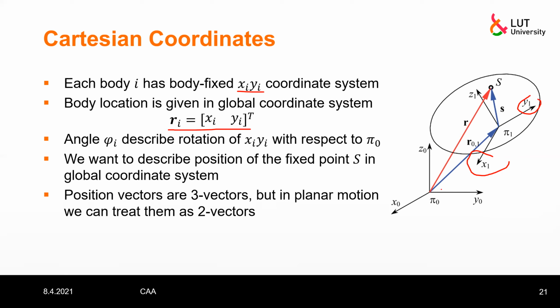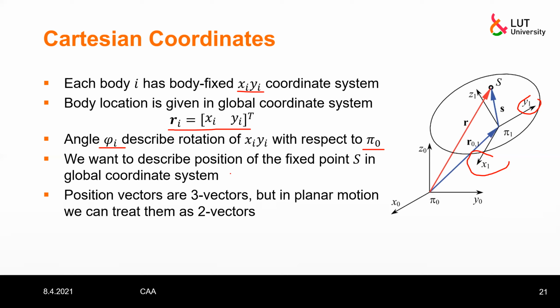So we can easily describe the location of the system. And we need a third coordinate in the planar case to describe rotation of the body reference frame with respect to the global frame, x0 y0.